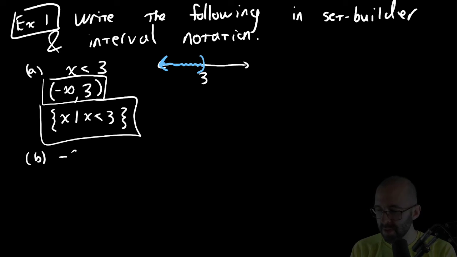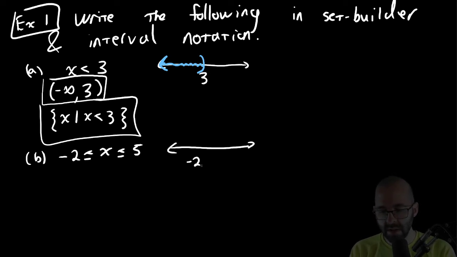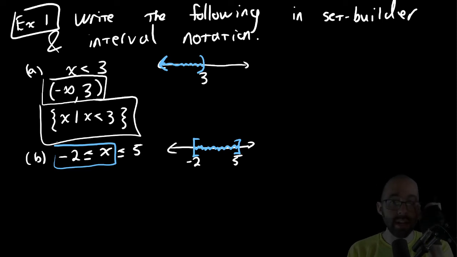Part B, let's do -2 less than or equal to x less than or equal to 5. X is between -2 and 5. Now, these are both less than or equal signs. So we write it like this, and this is what it looks like on the number line. And again, be very careful with this piece right here. This says -2 is less than or equal to x.